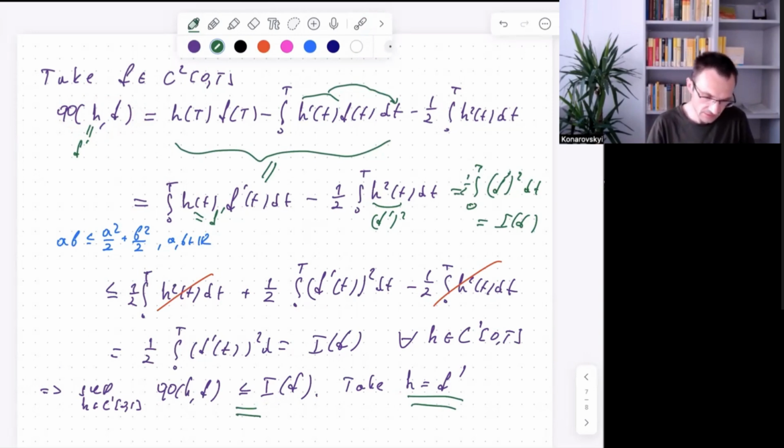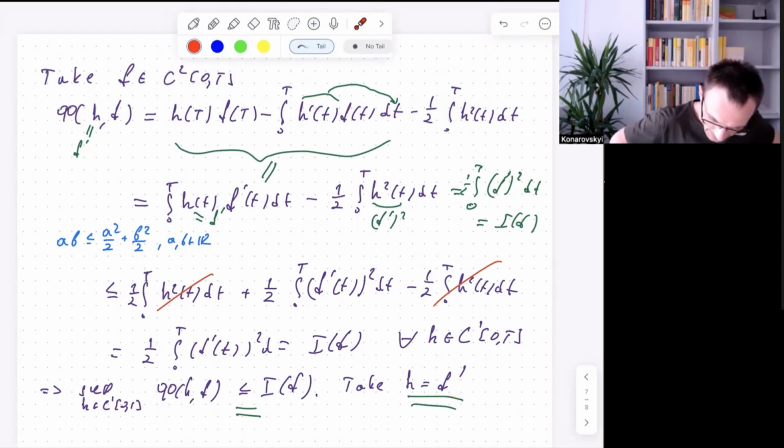And it also explains why we assume that the function f must have two derivatives. Remember that functions h must have one derivative, and since h is equal to f prime, you need to have one initial derivative.